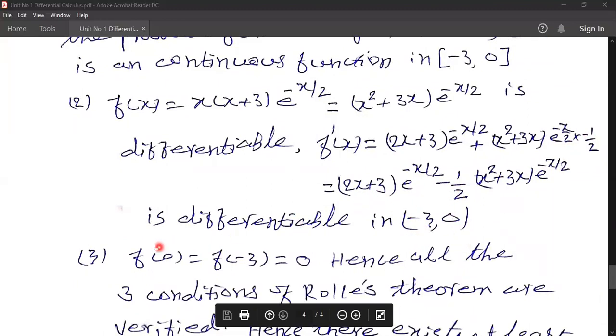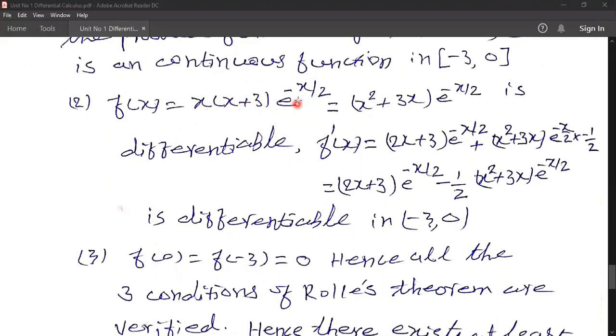Then also, we see that f of 0 is equal to f of minus 3 is equal to 0. Here f of x is equal to x into bracket x plus 3, e to the power minus x by 2.